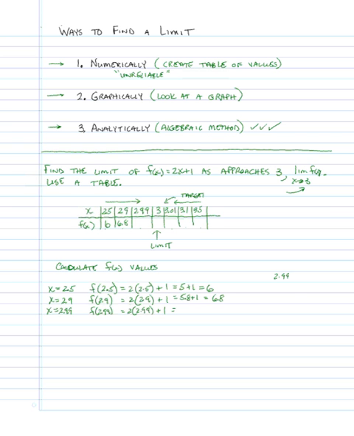So 2.99, of course, I might even have a calculator. 2 times 9 is 18, with 1 left over. 2 times 9 is 18 again, but 1 is left over. 2 times 2 is 4, so we actually get 5.98, don't we? So we end up with 5.98, but remember the plus 1. And so this ends up being 6.98, our f of x. So in this position, we see a 6.98.